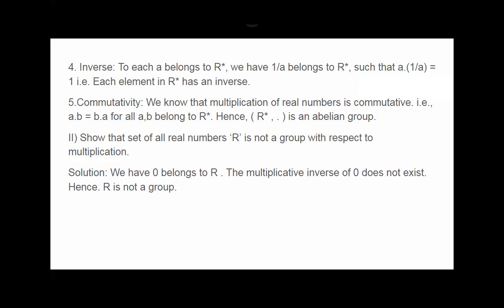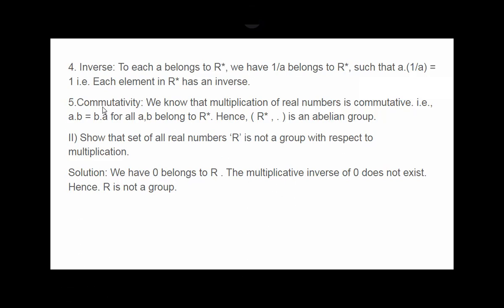The inverse: the multiplicative inverse of 0 does not exist. The inverse of 0 would be 1 by 0, and it is infinity. So the inverse of 0 does not exist. Hence R is not a group. In the first case we proved that it is a group, but in the second case it is not a group. Why? Because it includes 0 in the set.